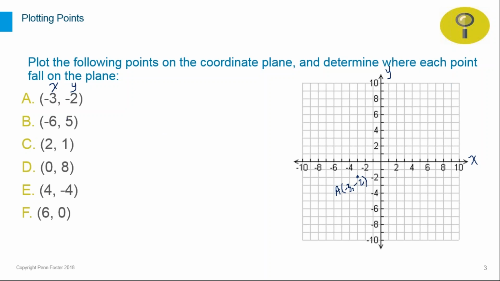For point B, the same story. Now, the first number is x and then y. We need to be careful where to locate the x and the y coordinates. -6 would be on the left-hand side of the x-axis. So this is -6, and then we have to go either up or down depending again on the value of the y coordinate. This time, the y coordinate is a 5.